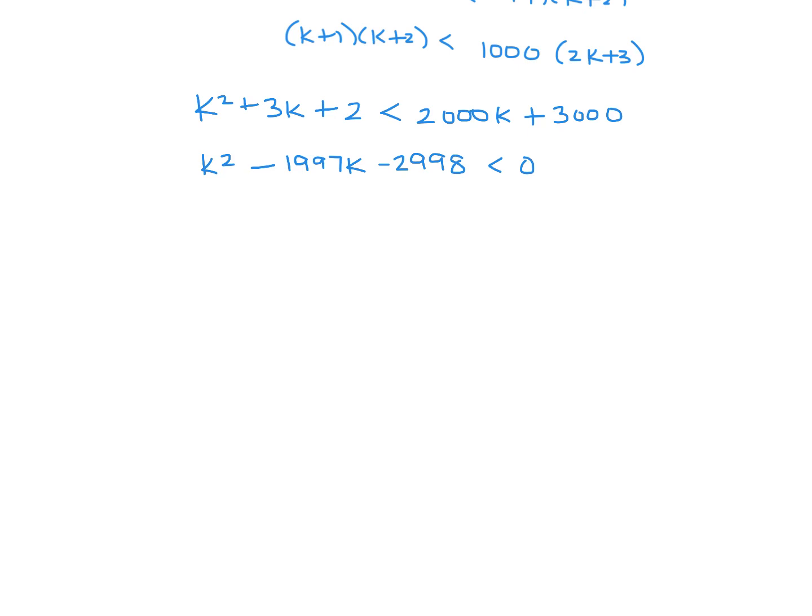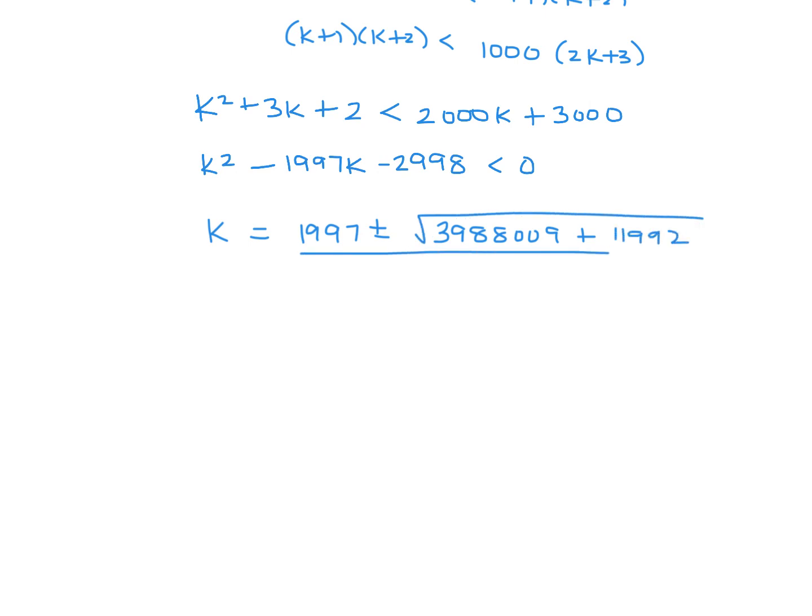And this is a Canadian exam, so you're allowed to use calculators, so that's good. So this will be a quadratic formula, plus or minus the square root of 3988009 plus 11992. You guys know the quadratic formula. All over 2a.